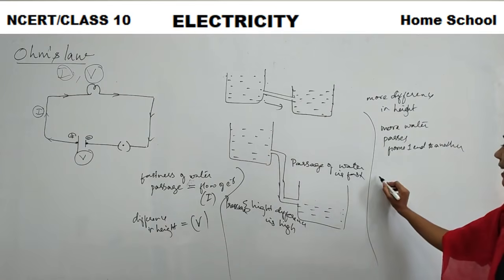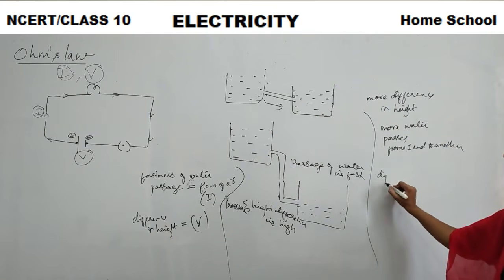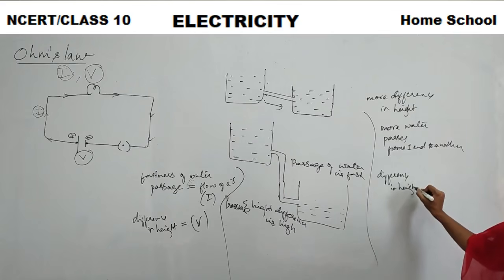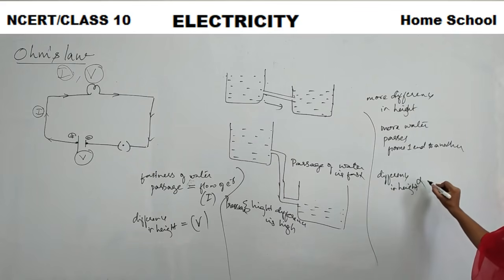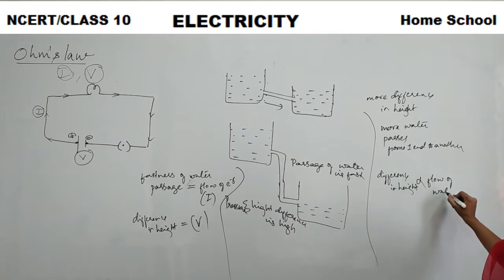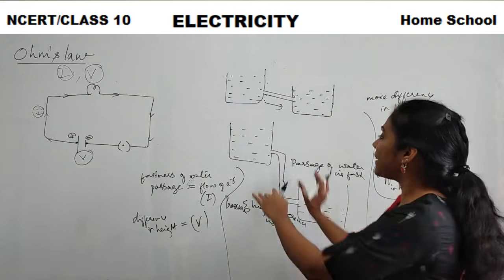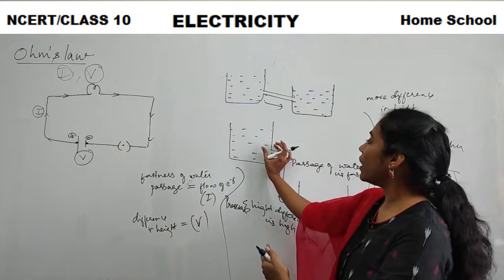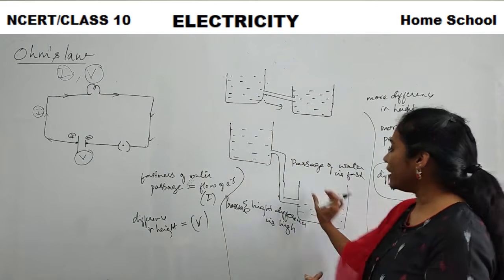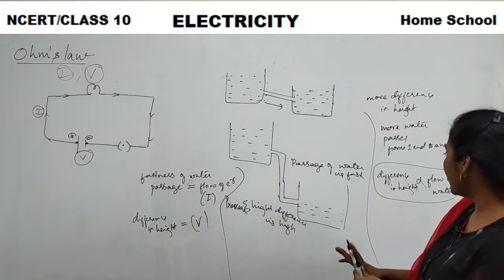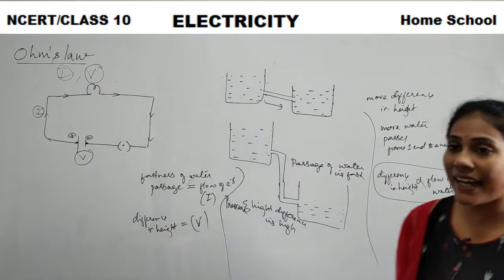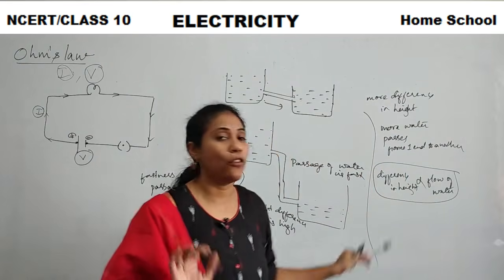So difference in height is directly proportional to flow of water, right? The more the difference in height I create, more fastly and more water can get passed from one end to another end.